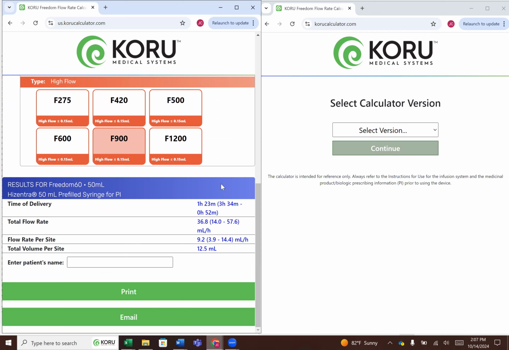Note the average infusion time. Then, on the second tab, input the remaining 20 ml dose that will be transferred into a BD or Medline syringe as a non-PFS infusion and using the same ancillary supplies.